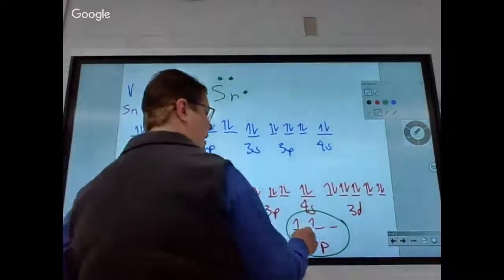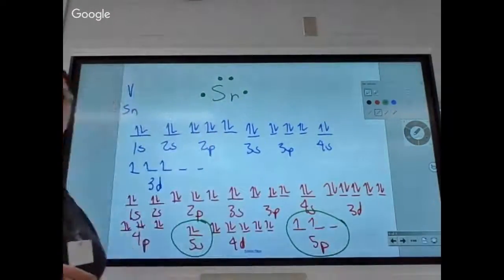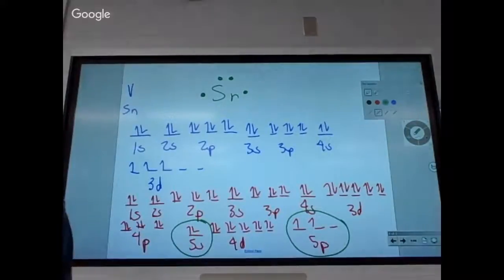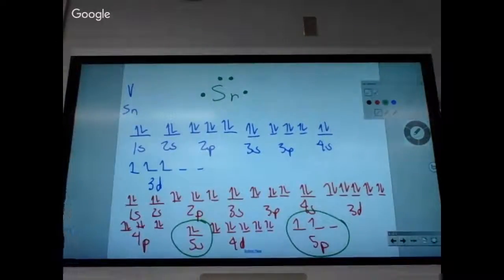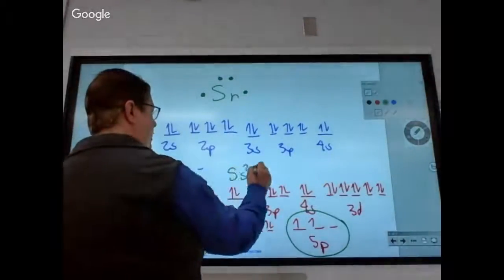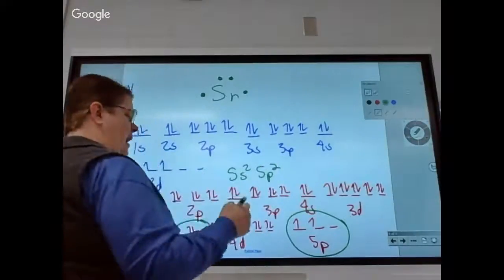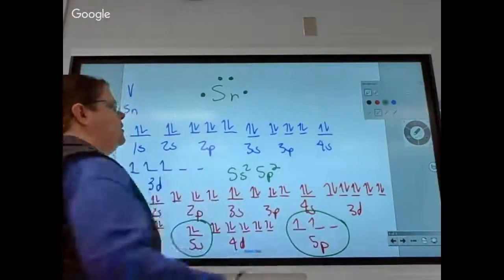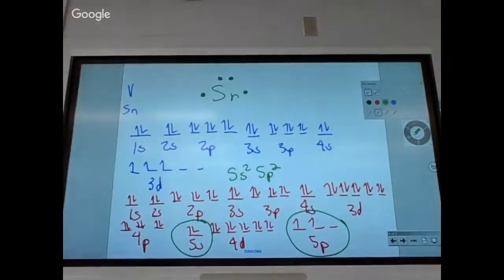And the 5p had 2 singles and 1 that was empty. So when I drew the dots, the 5s had to be paired, and the 5p had 2 that were singles and 1 that was empty. So even if I had written it as 5s2 and 5p2, I would still wind up having to draw these so I would know how to do the dots.